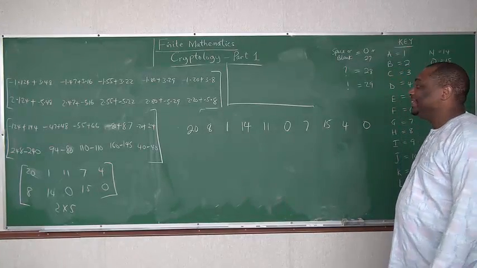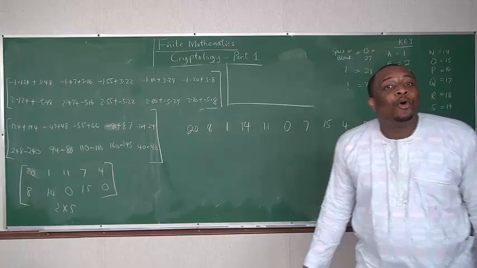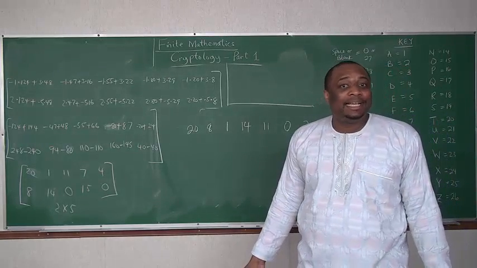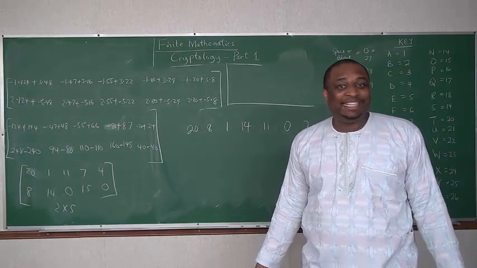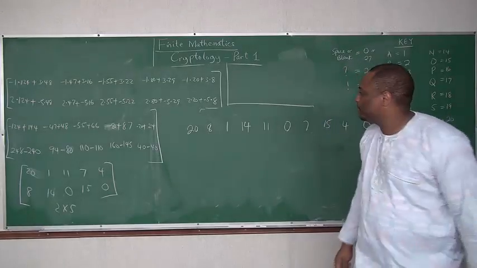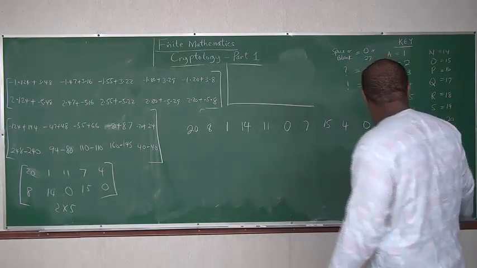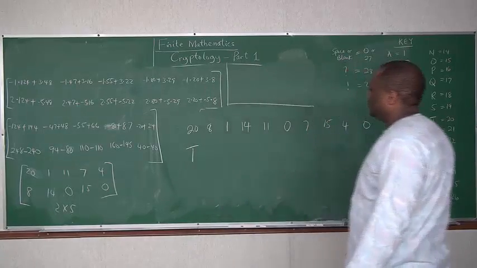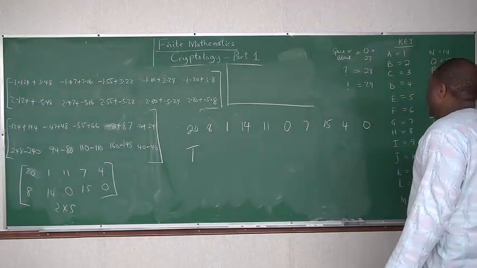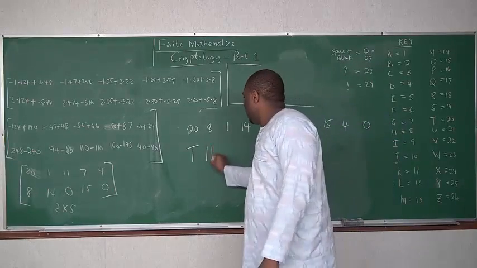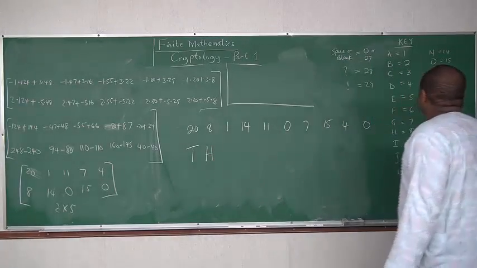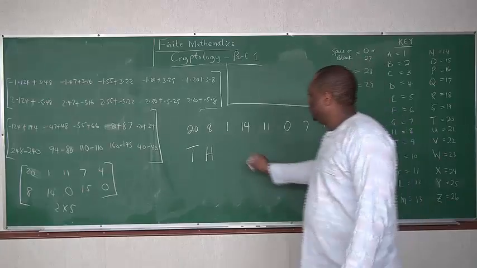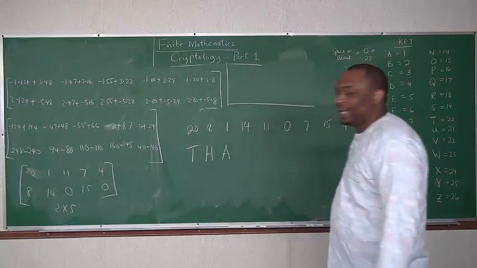Right? So let us see what the priest said. His message to Sam. 20 is what? We go here, T, uppercase T. 8 is H. 1 is A. Wish I had a colored chalk.